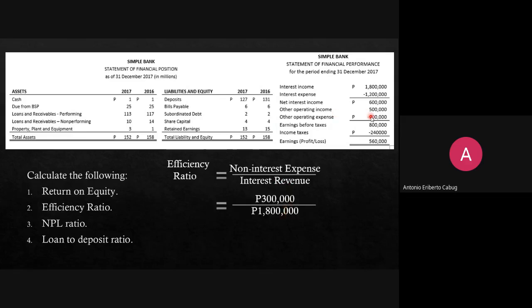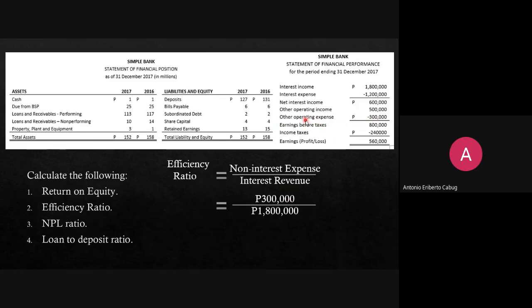The 300,000 pesos other operating expenses provides an interest revenue of 1.8 million pesos.